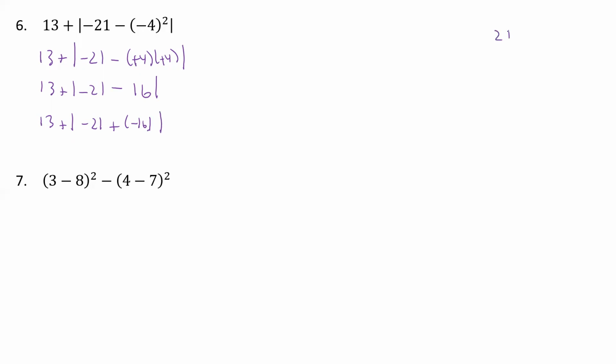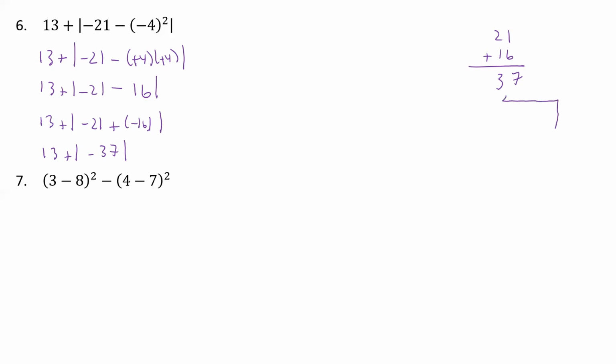So 21 plus 16 is what we're going to do in here, and then that's going to be a negative. So 6 and 1 is 7, 2 and 1 is 3, and so we have 13 plus a negative 37, absolute value. Now with 37 absolute value, it's negative.